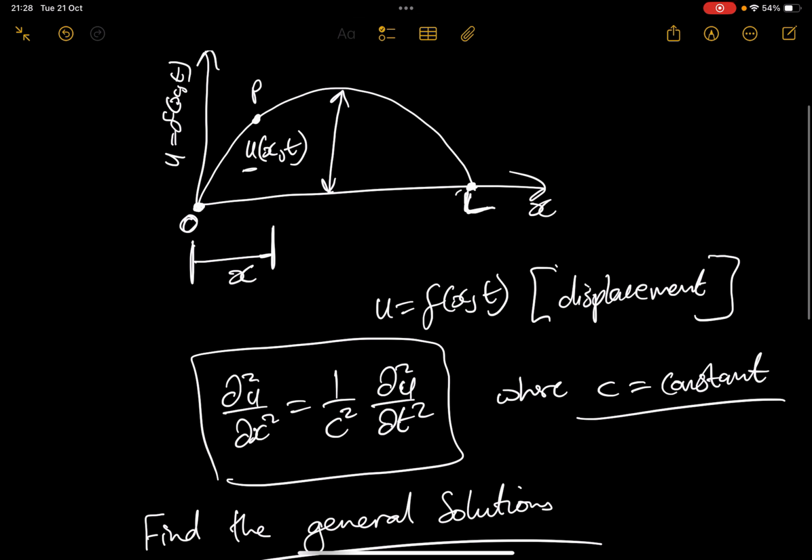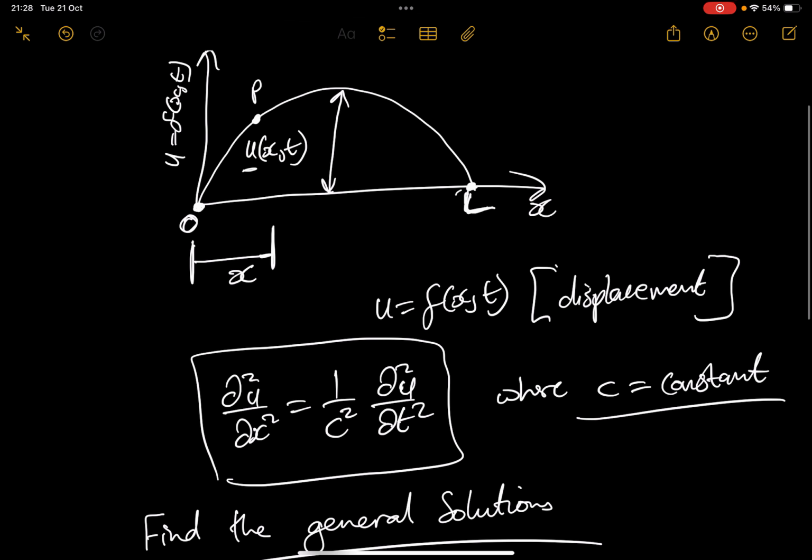At this point, x is 0, and at this point, x is L. So when the displacement u of x, t is 0 when x is 0 at time t, and also the displacement is going to be 0 when x is L, we can write this for all values of t greater than or equal to 0.